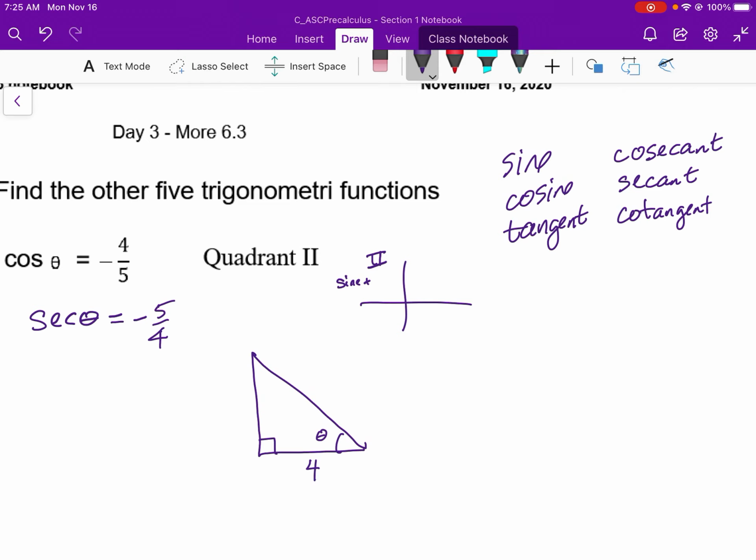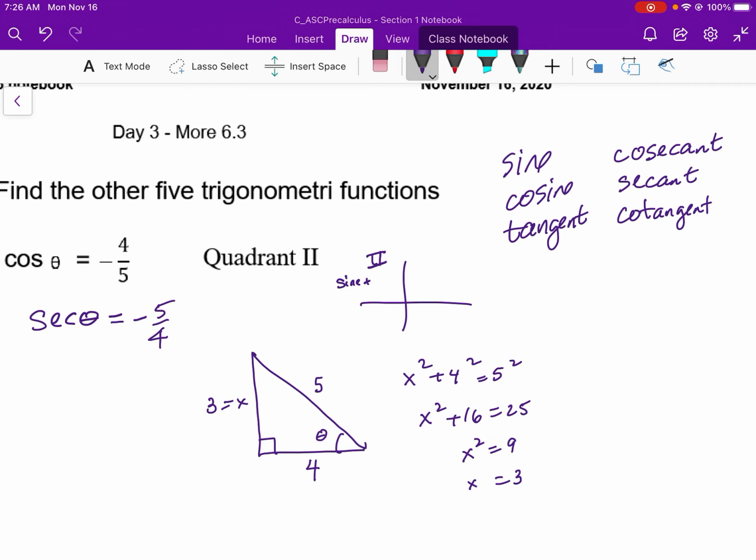The cosine, which is adjacent over hypotenuse, is 4/5. So to find the other things, I need to find this other side. So x squared plus 4 squared equals 5 squared. x squared plus 16 equals 25. Subtract 16, x squared equals 9, so x equals 3.